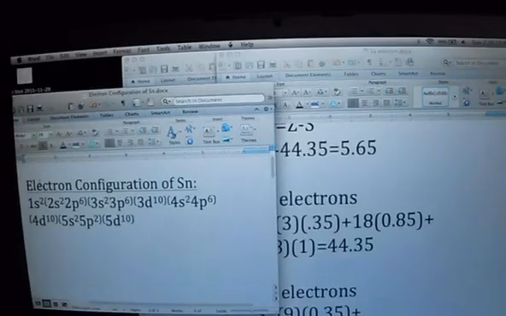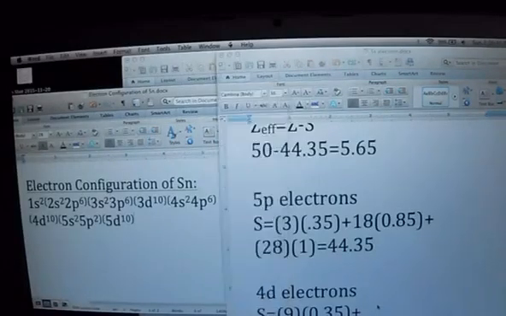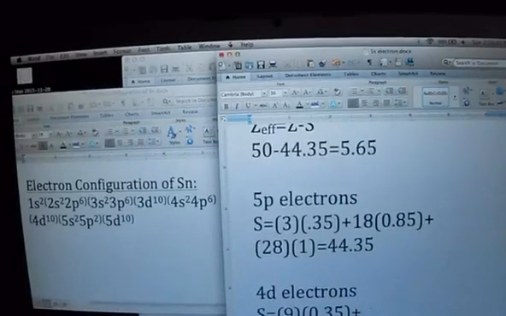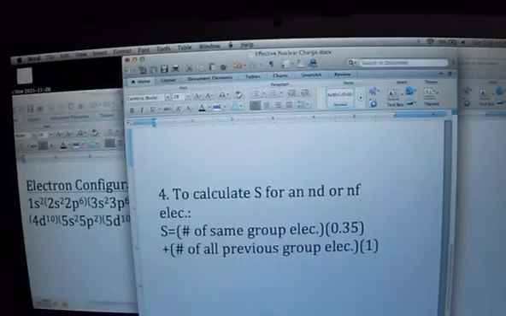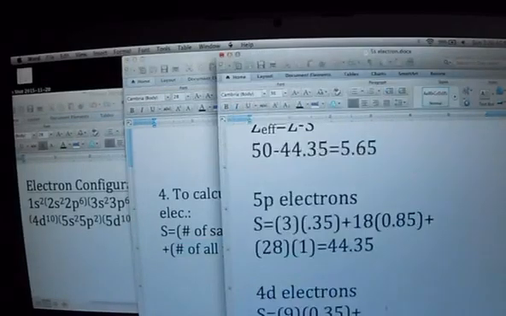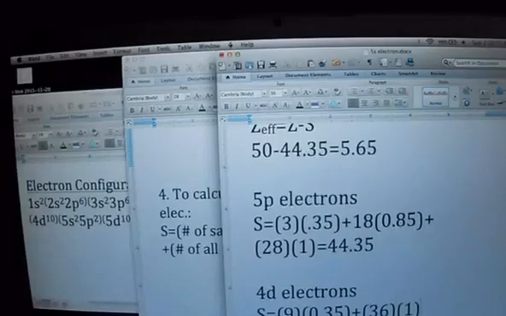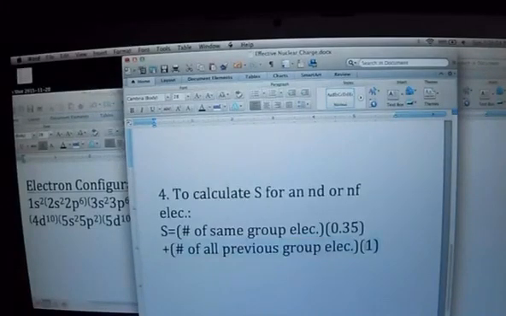Again, if you don't remember how I got 28, it was 2 plus 8 plus 8 plus 10. So 28 plus 8 is 36. Hence the number of all electrons in the previous groups is 36. We multiply that by the number 1, as shown here.